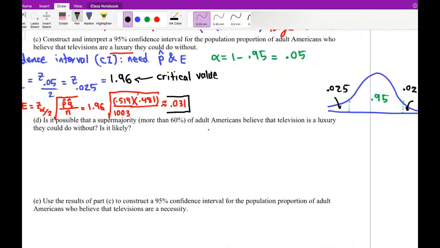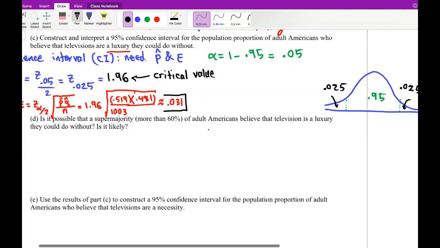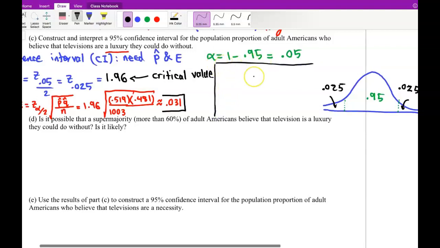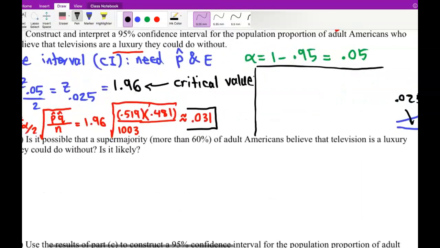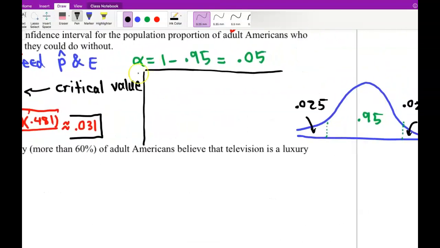Then after that, we can find confidence interval. Okay, so confidence interval, finding that part.